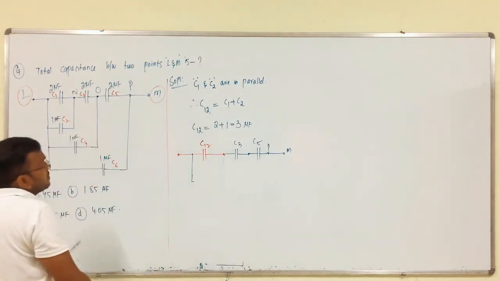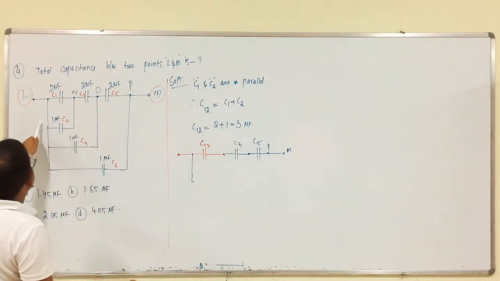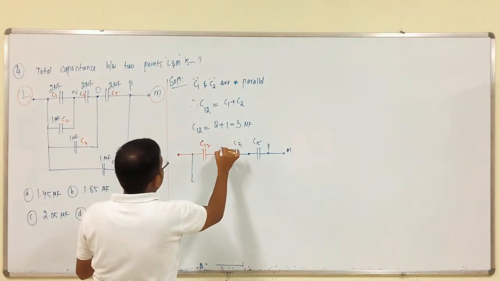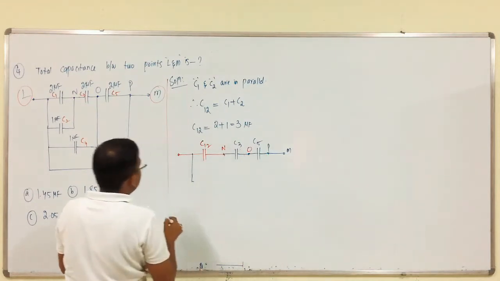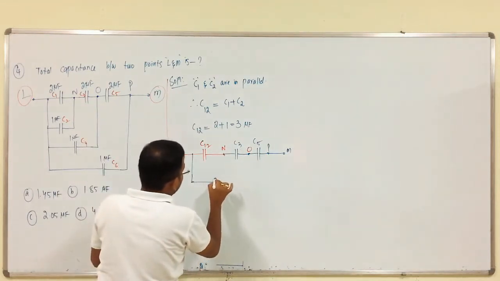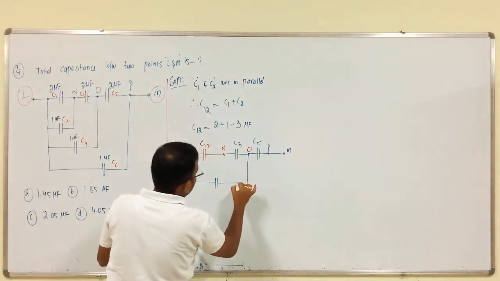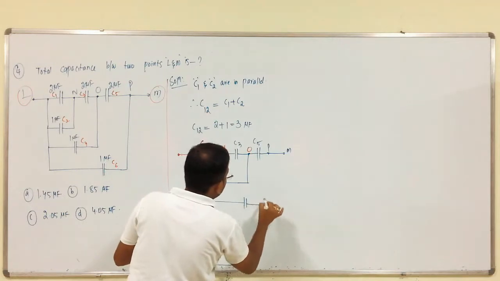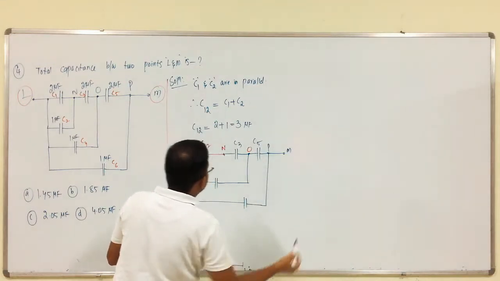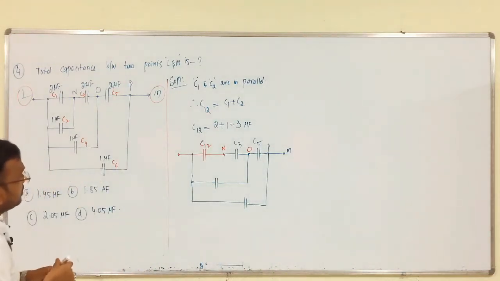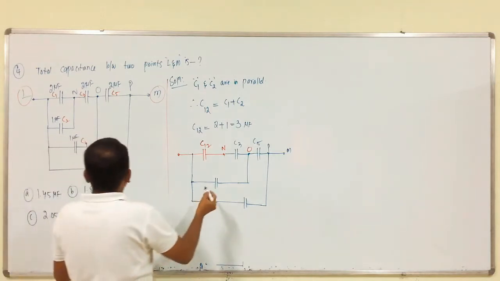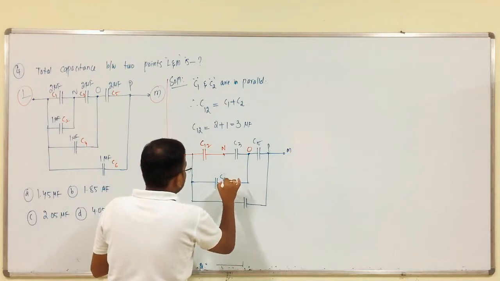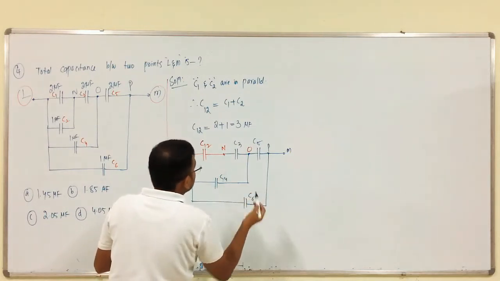Then this branch is connected at O, this is N O, this branch is connected at O, then this branch is connected at P, completed. This is C4, this is C6.